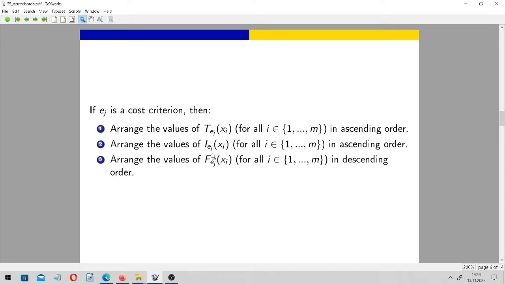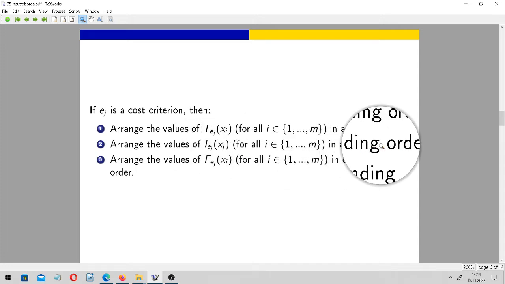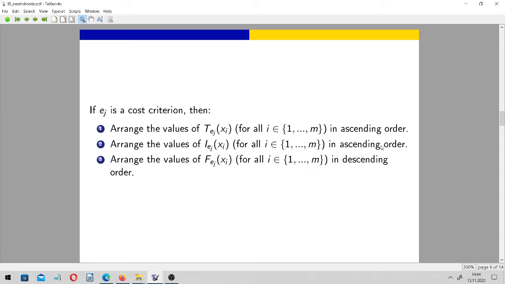If our criterion is a cost criterion, then again indeterminacy is in ascending order, from the lowest values, which are the best, to the biggest values, which are the worst. But in case of falsity, we have descending order.